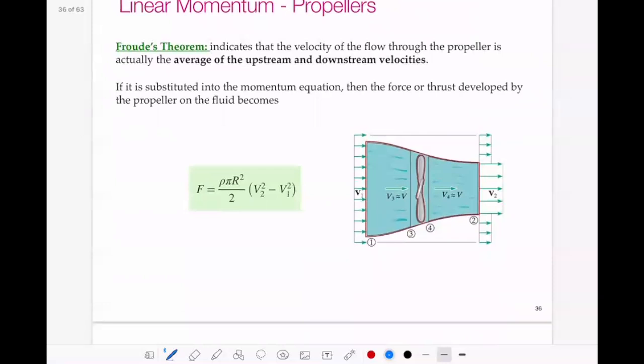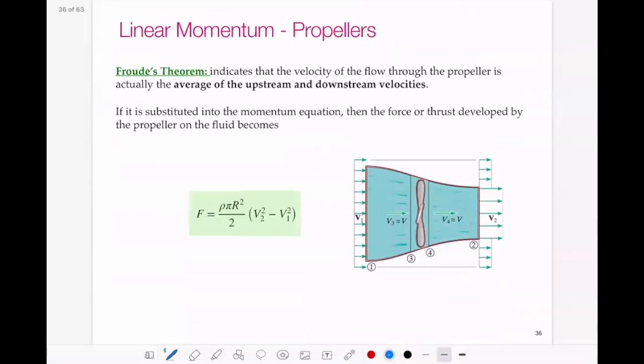So if we have a propeller, and we know the velocity at 1, the velocity at 2, and the radius of the propeller, we can calculate the area swept by the propeller, multiply that by the density, and that would give us the thrust force developed by that propeller.